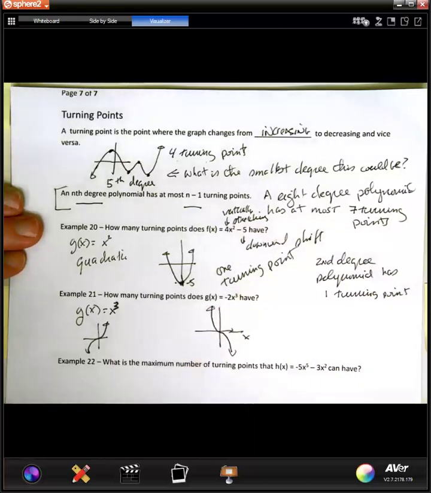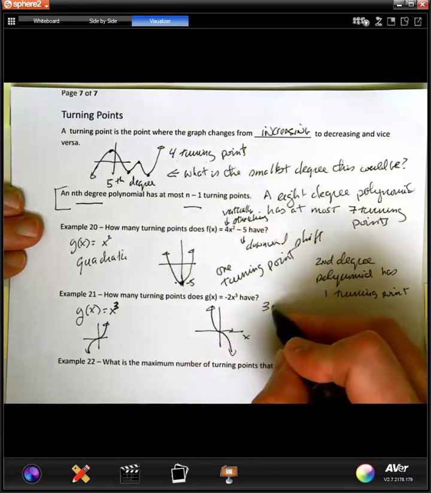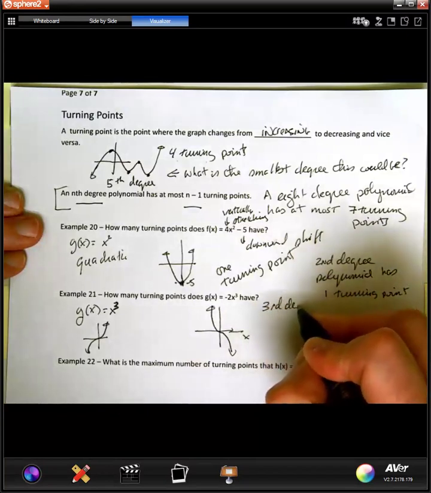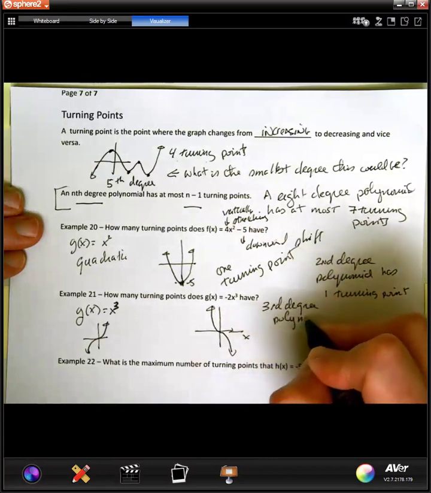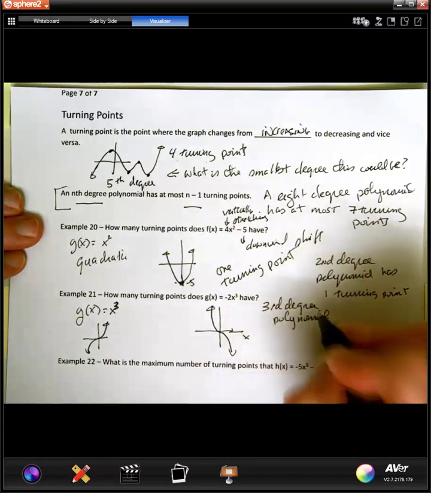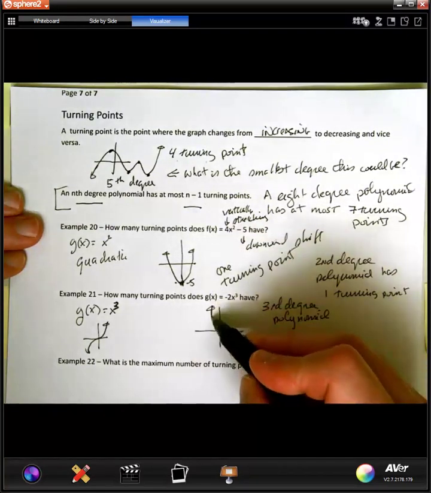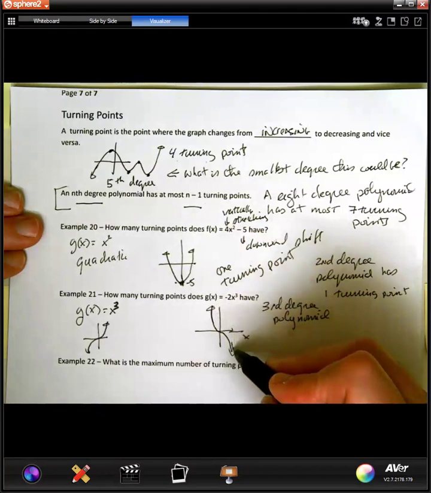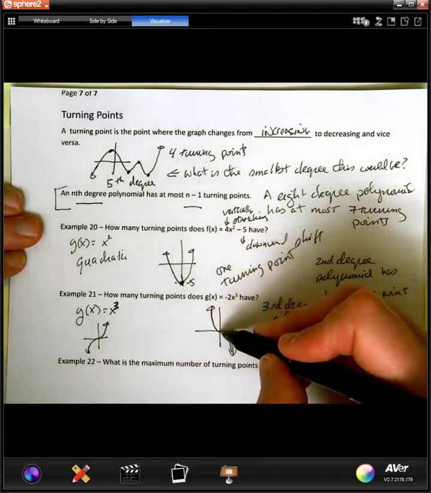So now, this is a third degree polynomial. But for this third degree polynomial, how many turning points does this have? And the answer is, well, notice it's decreasing, decreasing, decreasing, decreasing.